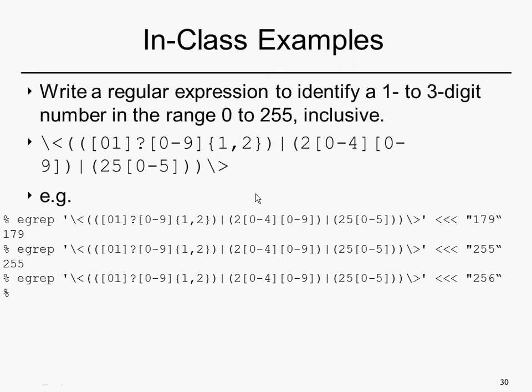So suppose I want to match 9 by itself. What would that match? Okay, 0 to 9 a single time. How if I want to match 99? 0 to 9 twice. How if I want to match 199? 1 and these things. If I want to match 240, where would that match?